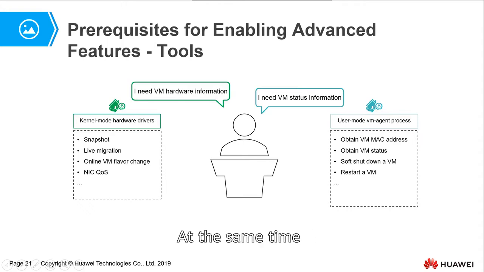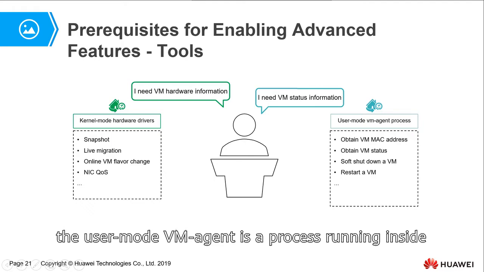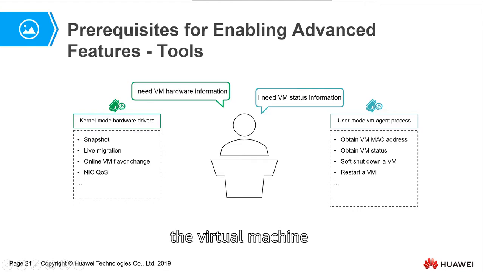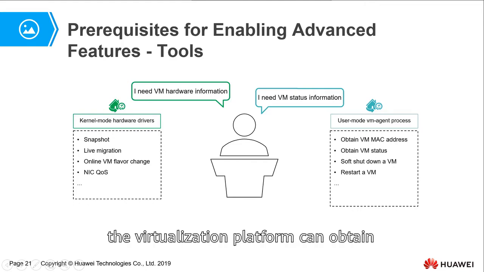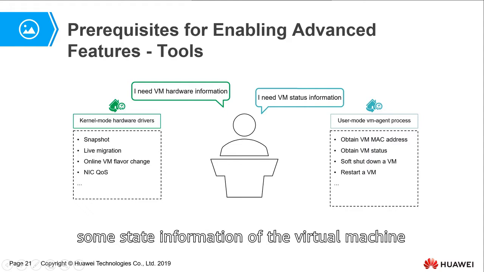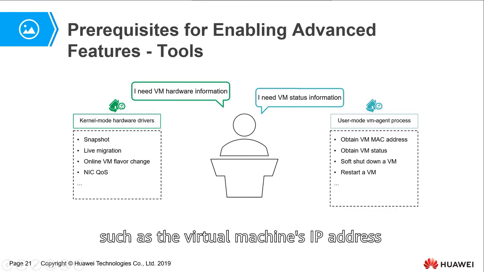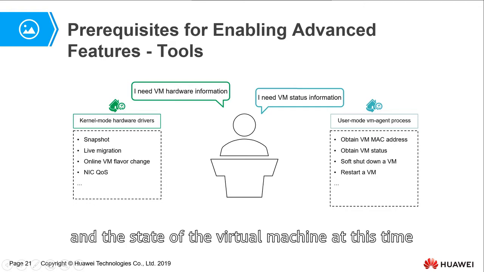At the same time, the user mode VM agent is a process running inside the virtual machine. Through this agent, the virtualization platform can obtain some state information of the virtual machine, such as the virtual machine's IP address and the state of the virtual machine at this time.